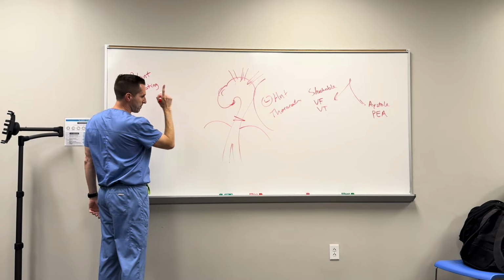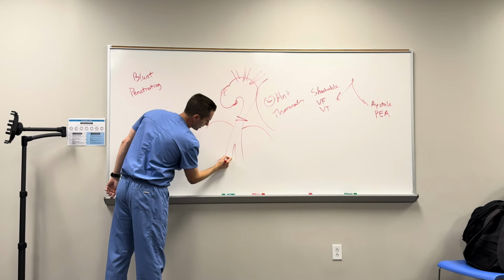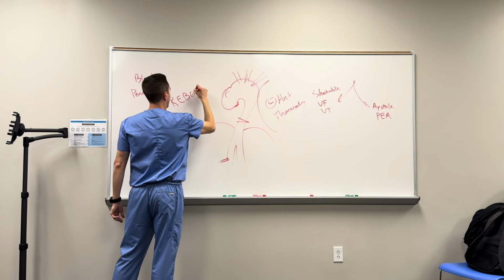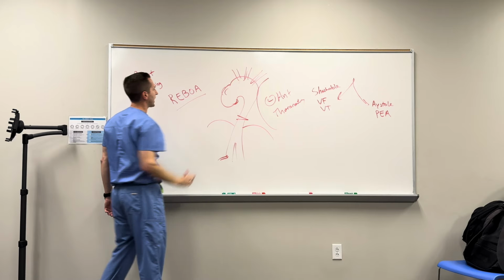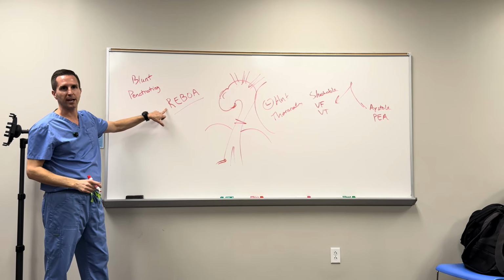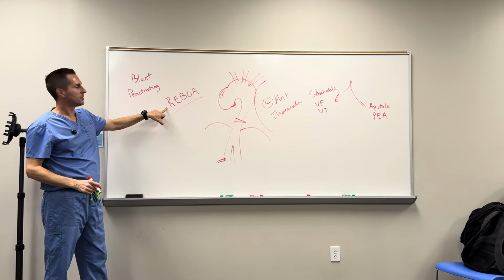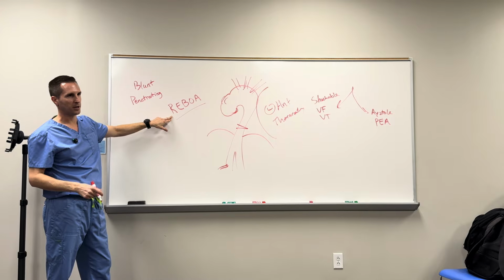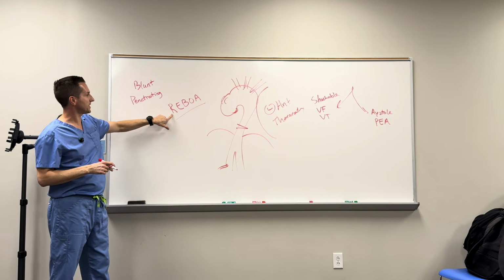If I have the same patient like next door, and she comes in not looking so great, and I think she's bleeding, I can also do something fancy nowadays, which is this. Anybody know what this is? So the R, what do you think the R stands for? We've been talking about it. Resuscitative.